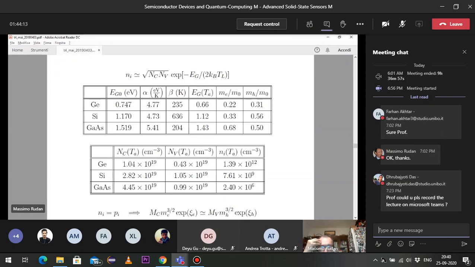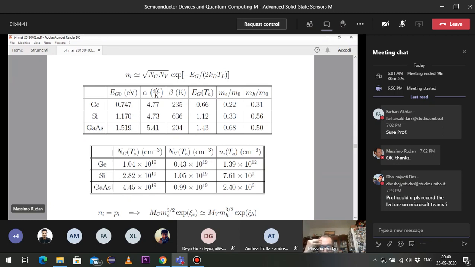So if the other parameters are all equal, a PN junction made of germanium will have a much larger saturation current with respect to silicon, and silicon much larger than gallium arsenide, okay? But the saturation current is a loss, is a waste of energy, is something that we don't like, okay?